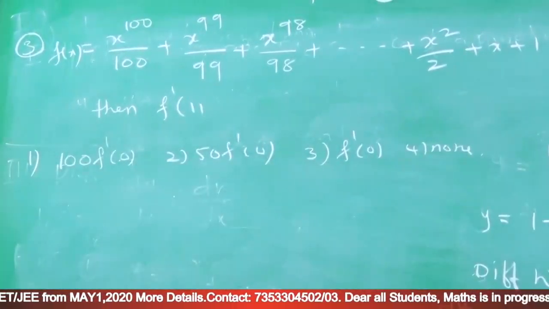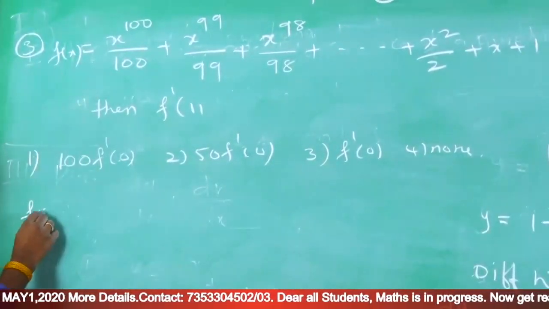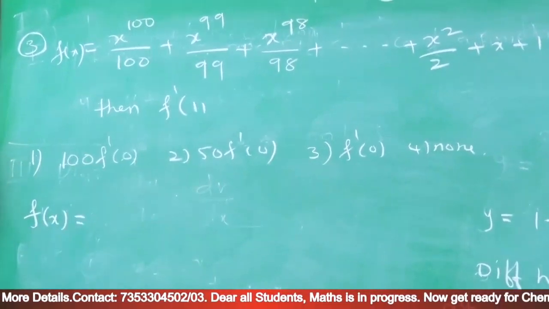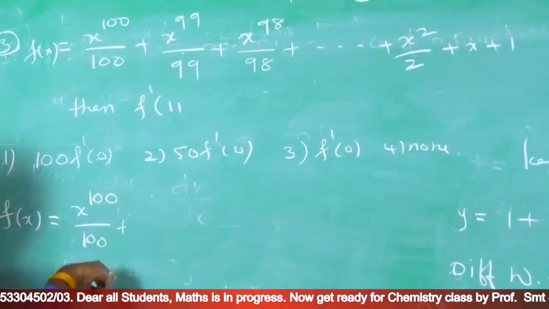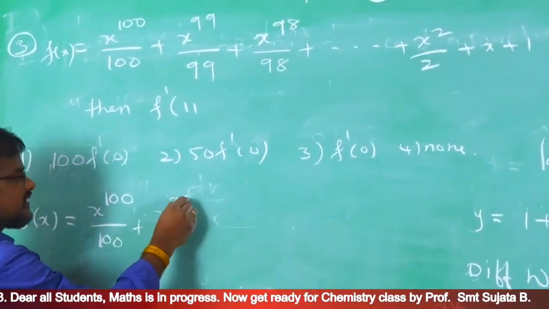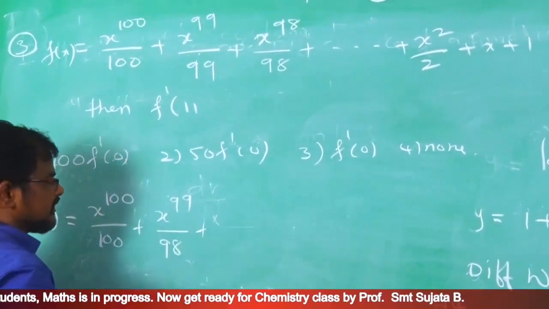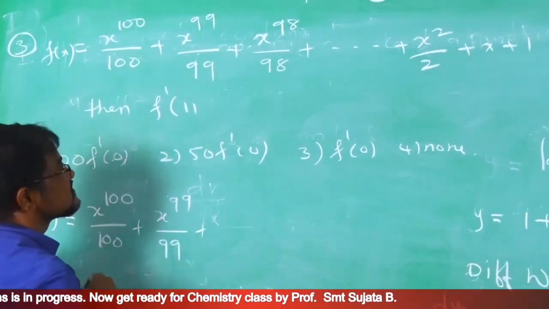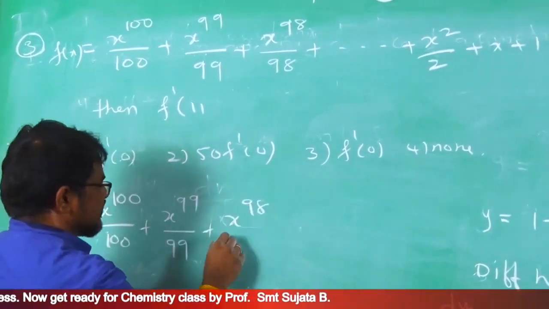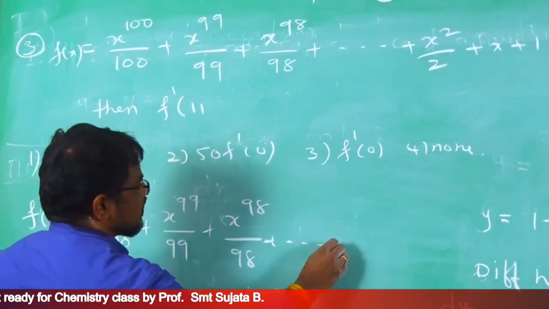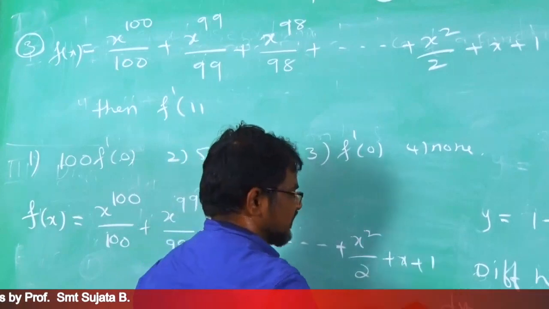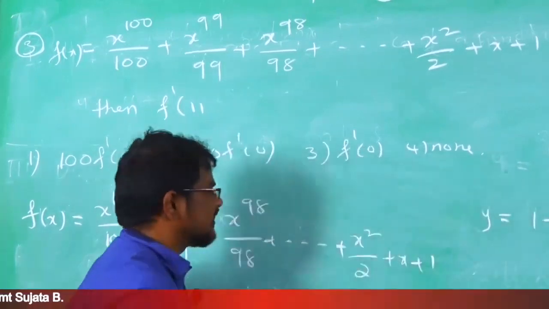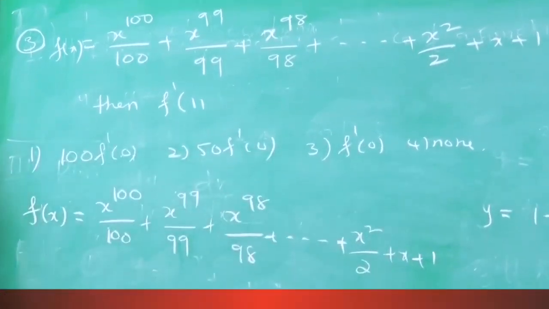So how to get this one? Take the problem again, f of x equal to x to the power of 100 by 100 plus x to the power of 99 by 99 plus x to the power of 98 by 98 plus etc., plus x square by 2 plus x plus 1. Now do the differentiation with respect to x.